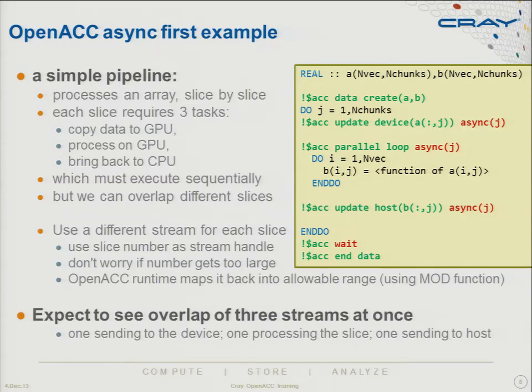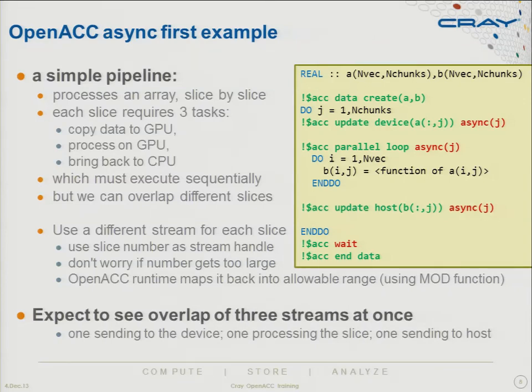These tasks, the data copy, the process, the data copy, must be sequential, so I give them the same handle, the same value inside here, which is j. Why not use the same handle for everything? Because the idea is different slices are processed independently. They should be in different streams of tasks. Each slice is labeled by j, so that's the perfect handle to use, so that each stream has a different handle.